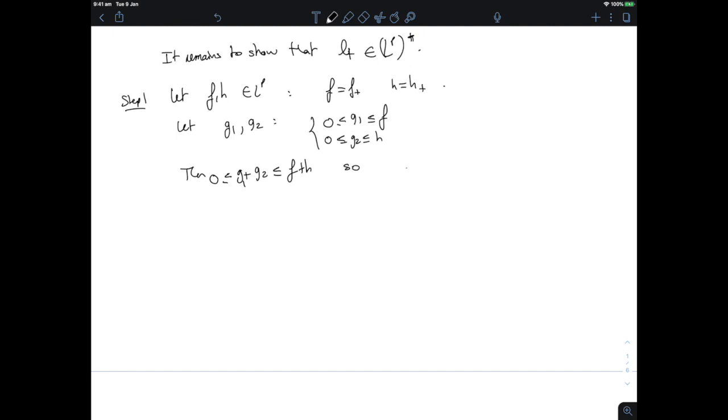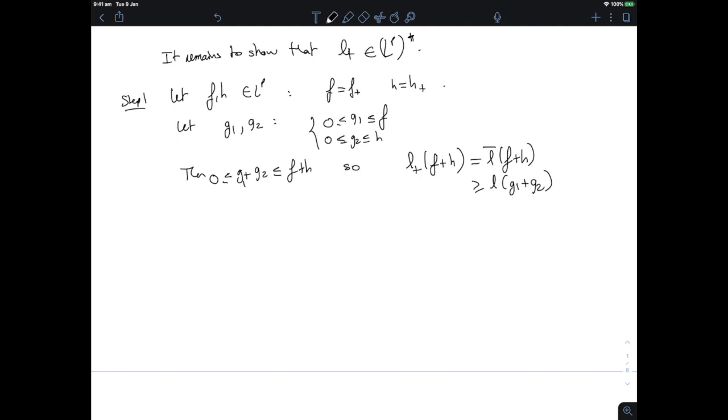So when I take L plus of f plus h, this is L bar, first of all, of f plus h, because f plus h is positive, and this is defined as a supremum, so it's certainly greater than L of G1 plus G2, which is just one element of the set over which I'm taking a supremum.